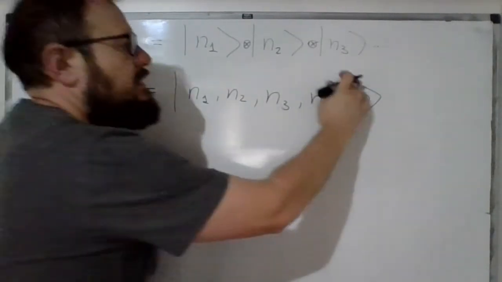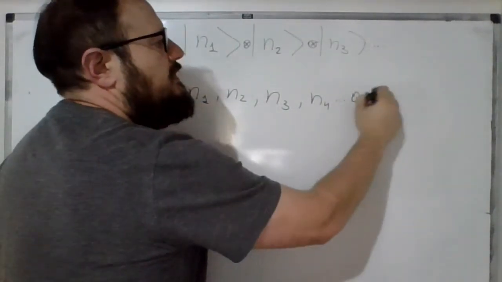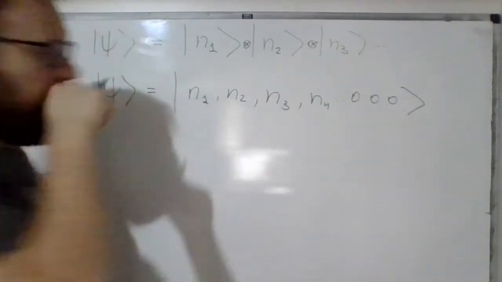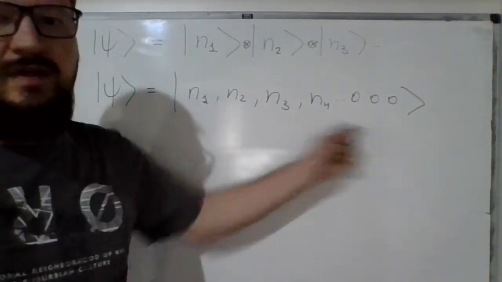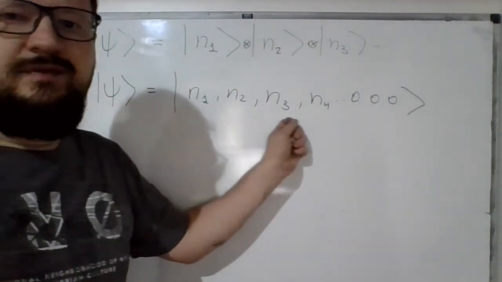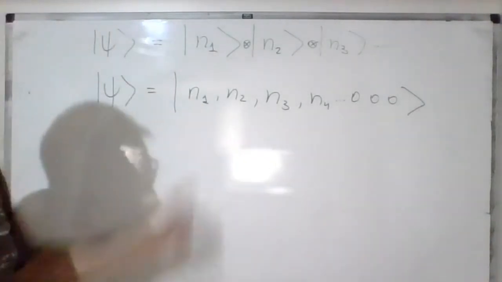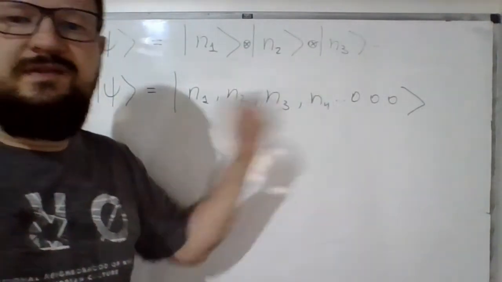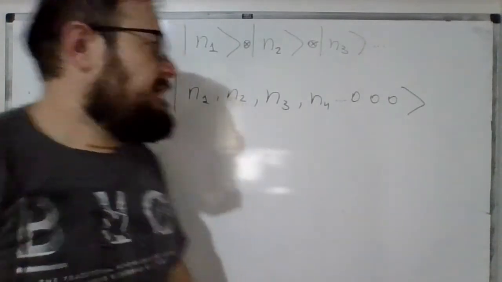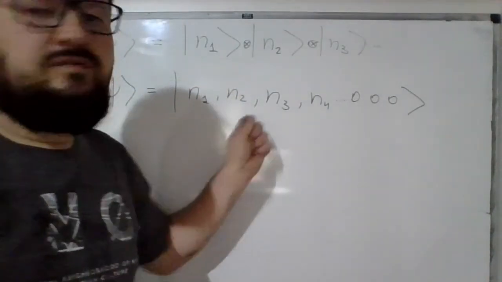All right, so you have zeros for non-occupied states, and this is a given state with the occupation numbers n1, n2, n3, and n4.